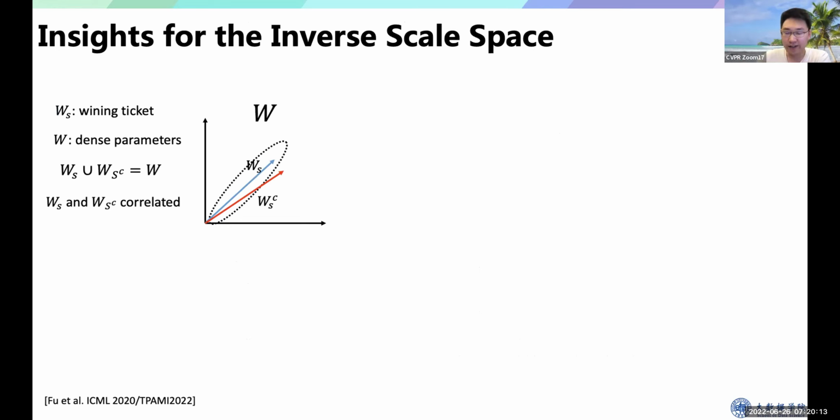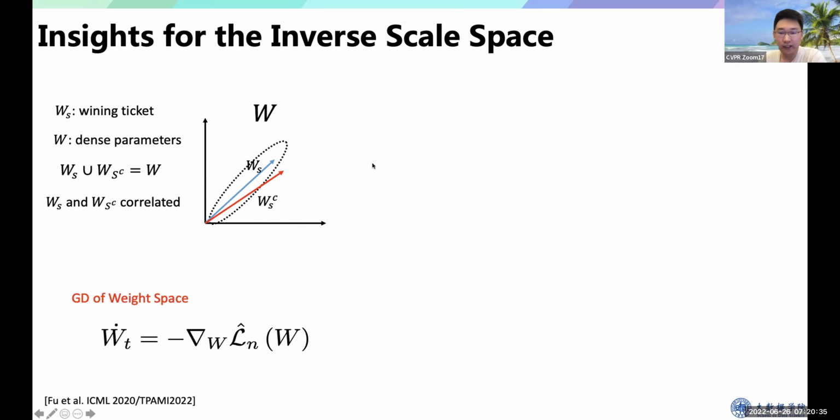And we give some more intuitive insight into our method. Here, this is the illustration. In the original over-parameterized space, W_S denotes the sparse parameter, which can be the winning tickets, and W_S^c is the complement of the space W_S. Due to the high correlation between W_S and W_S^c, it's hard to identify a good W_S.